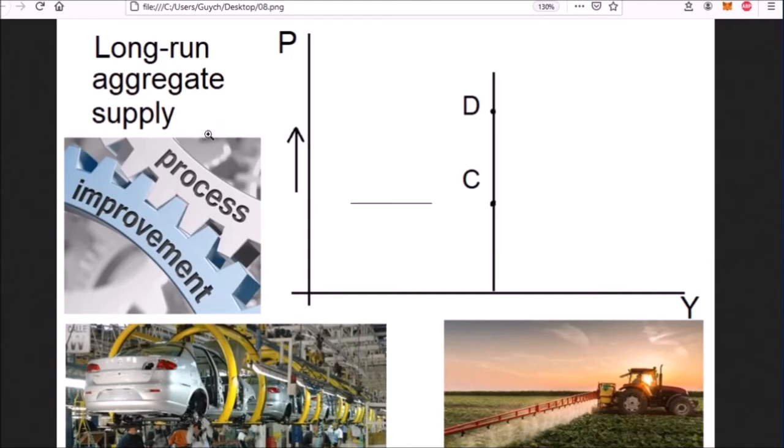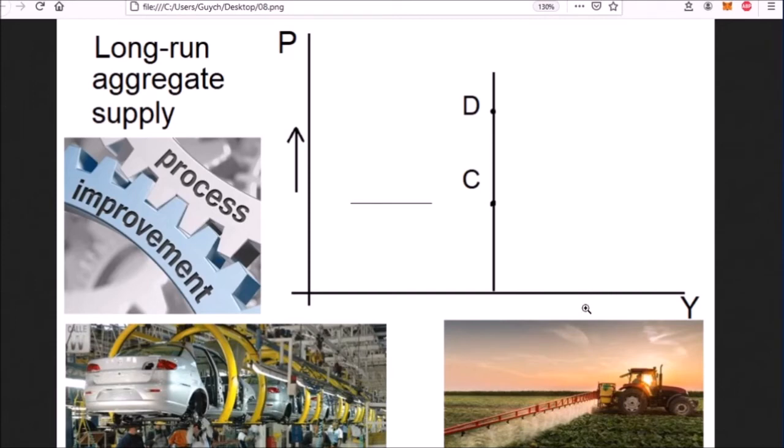Or if currently the economy is a little bit overheated, if unemployment is unusually low and production is unusually high, that situation will also not be sustained in the long run. Hence, the economy with time will return to its long-run equilibrium at its potential GDP, where potential GDP is the maximum amount of GDP that is sustainable in the long run.